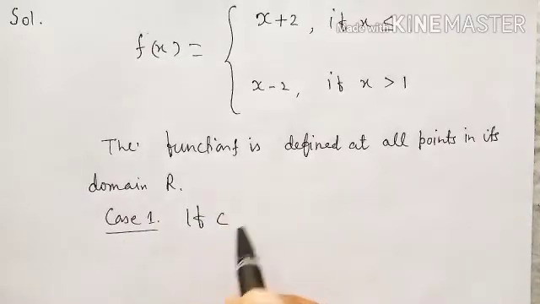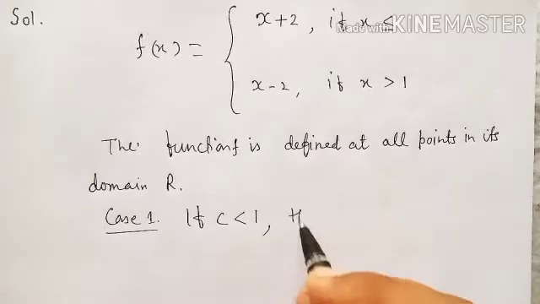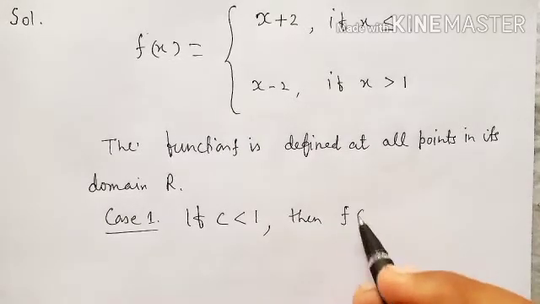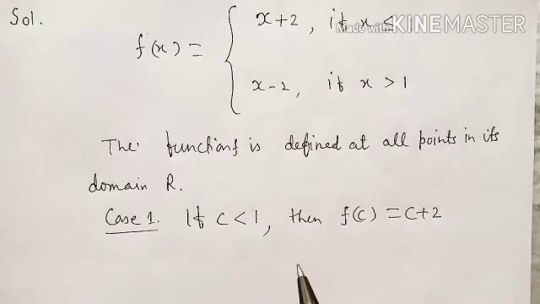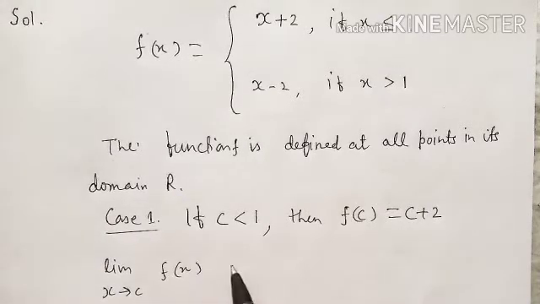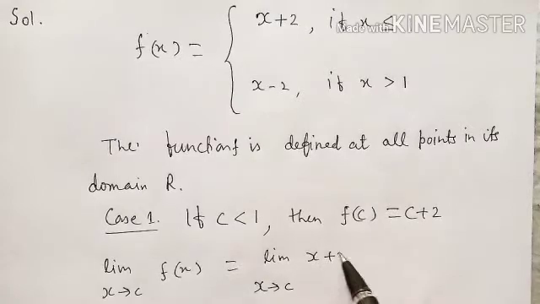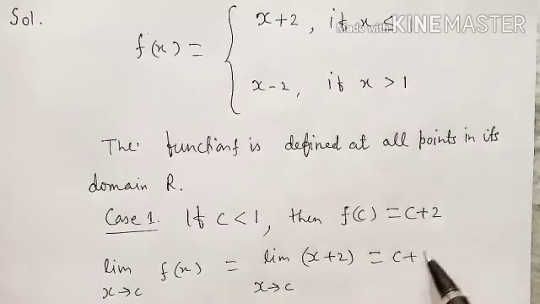So case 1. If c is less than 1, we have to discuss its continuity. Then f(c) is c + 2. Now let us discuss its continuity. Limit x tends to c of f(x), when c is less than 1, so x + 2, this gives us c + 2.